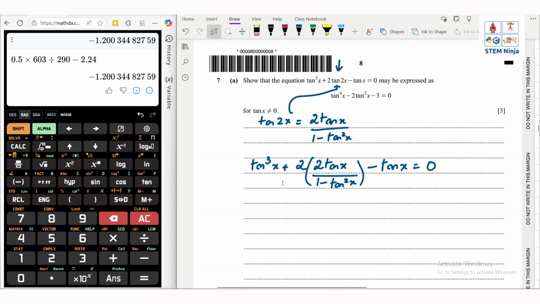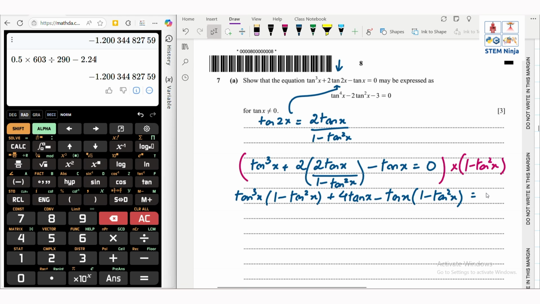Now what we can do over here, we can multiply both sides by 1 minus tan squared x because we don't want any fractions. So this becomes tan cubed x times 1 minus tan squared x plus 4 tan x minus tan x times 1 minus tan squared x equal to 0.